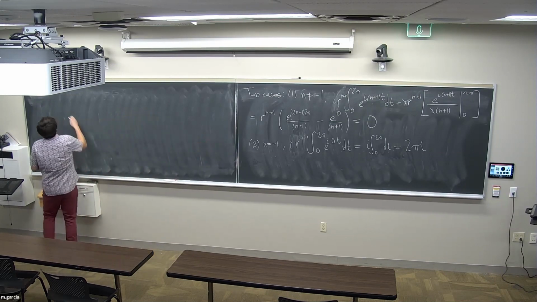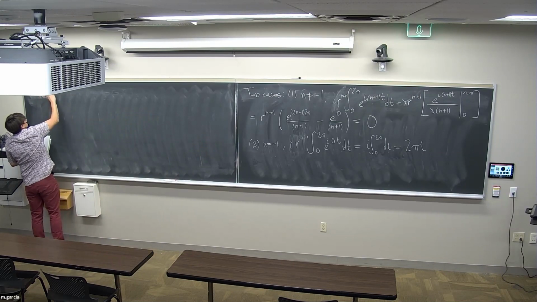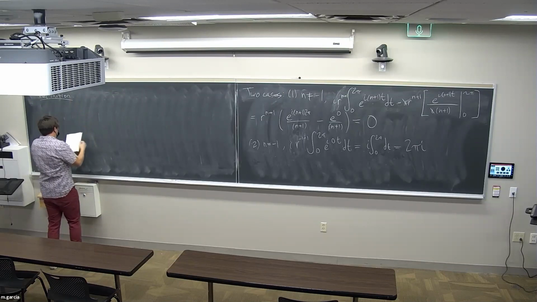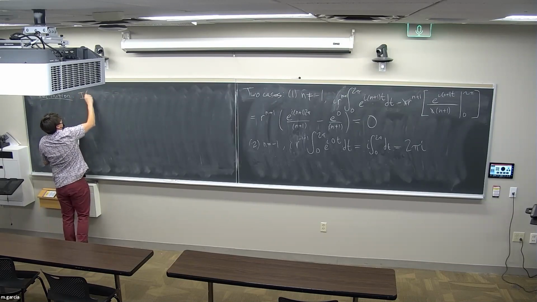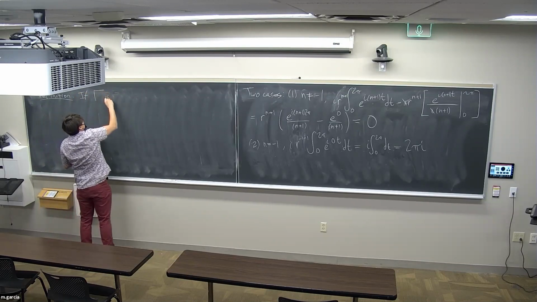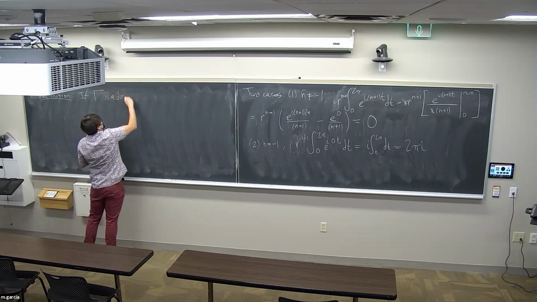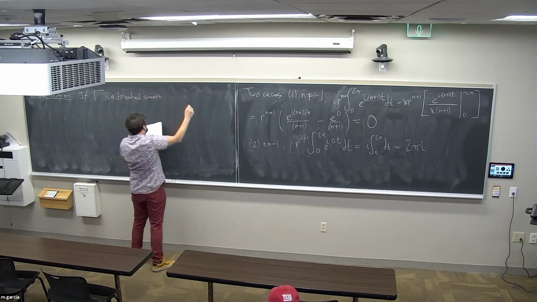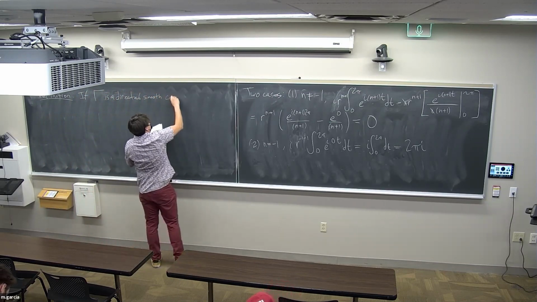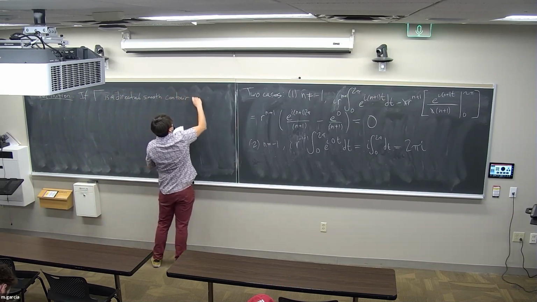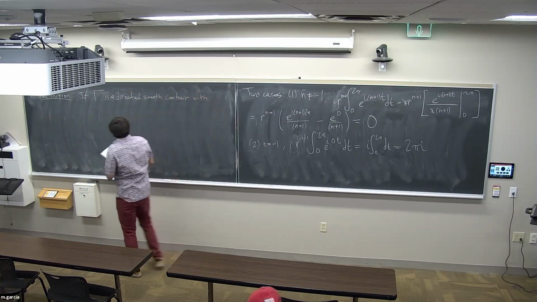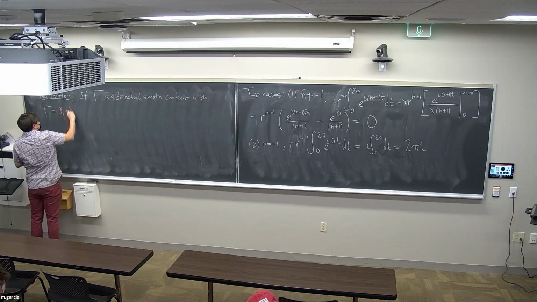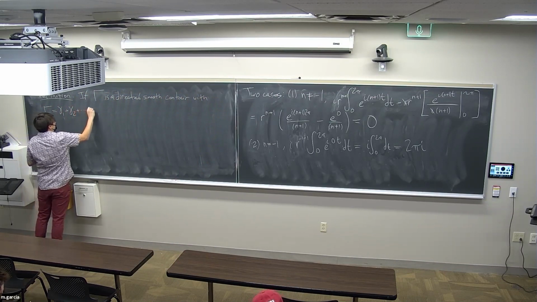Okay, so if gamma is a directed smooth contour, with, in our notation from before, gamma equal to gamma 1 plus gamma 2 up through gamma n.